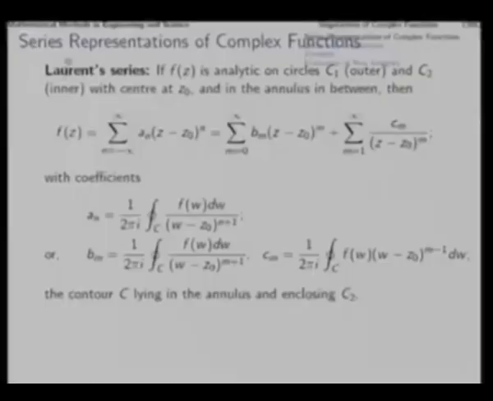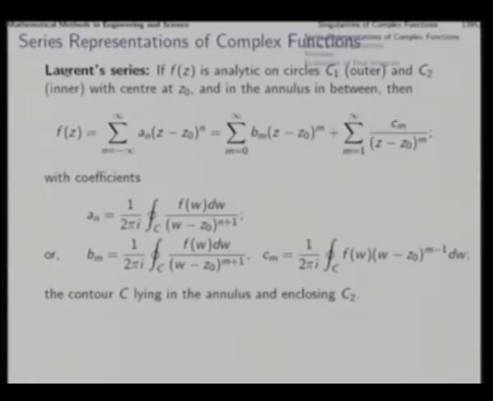Then if the function is analytic within that annular region everywhere as well as on the two bounding circles, the outer and the inner circles, then we can work out a series resembling a Taylor series, except that negative powers are also included. Such a series is called Laurent series.